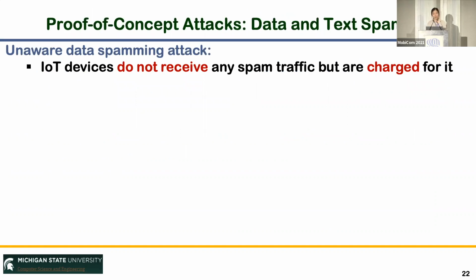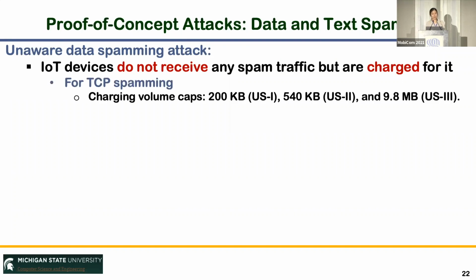For the proof of concept attacks, we devised a data spamming attack against cellular IoT devices by leveraging V1 and V2 and then evaluated its damage. We find the IoT devices do not receive any spamming traffic, but they are charged for it. Then for the TCP spamming, US1 and US2 impose charging volume caps, 200 KB and 545 KB respectively.